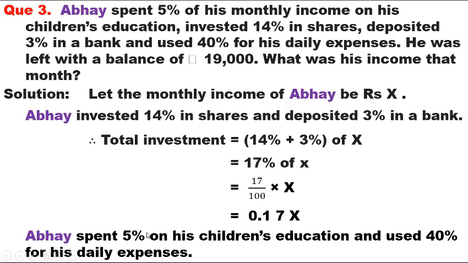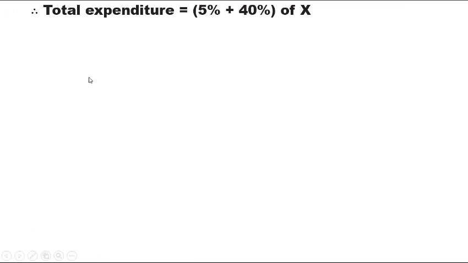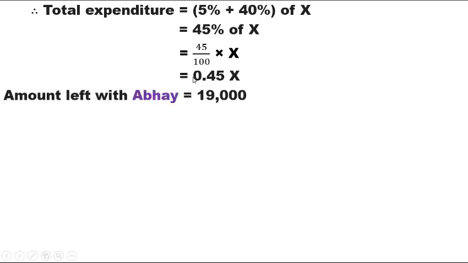Abhay spent 5% on his children's education and used 40% for his daily expenses. Therefore, total expenditure is equal to 5% plus 40% of X, equal to 45% of X, which is 45 divided by 100 into X, equal to 0.45X.